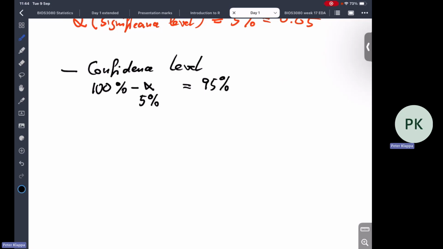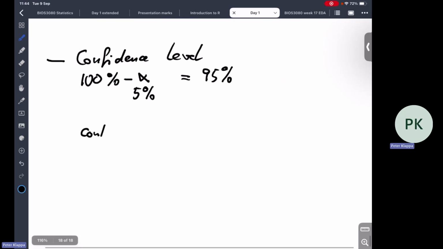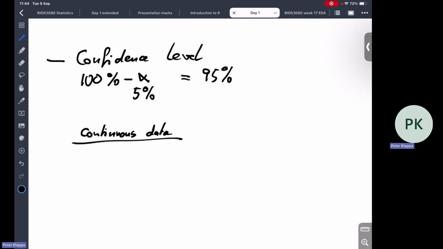Okay, so now how on earth do we calculate this? How do we put all these factors together? Now, if we've got continuous data, and it needs to be continuous in this case, we can say this margin of error is actually calculated as, say, I call it a critical factor.